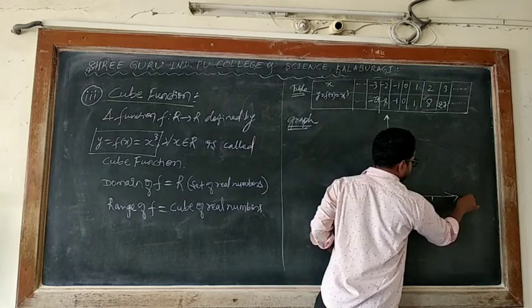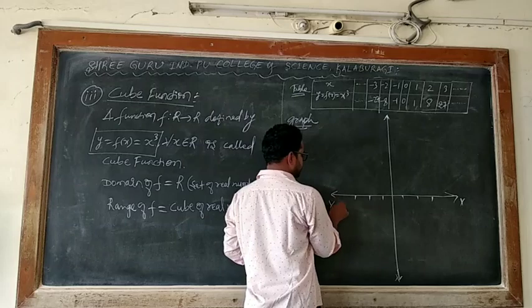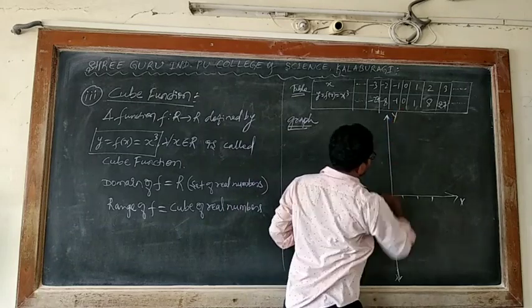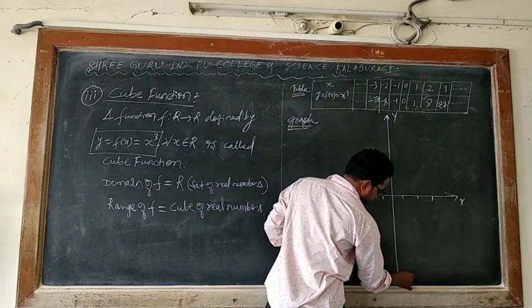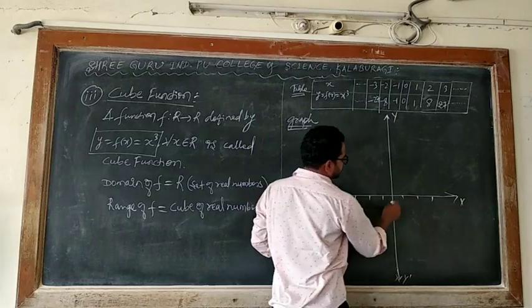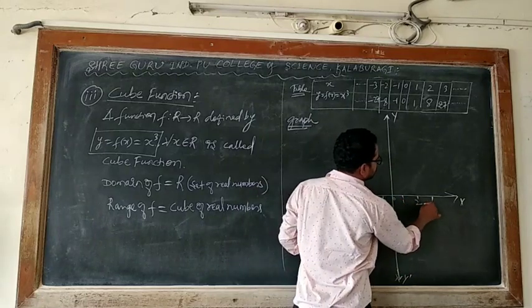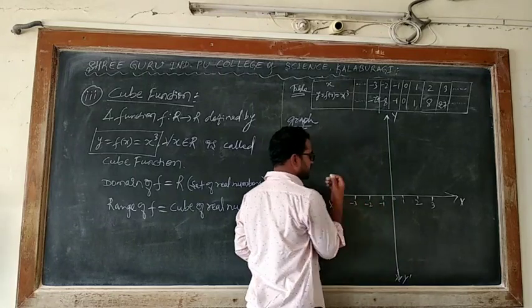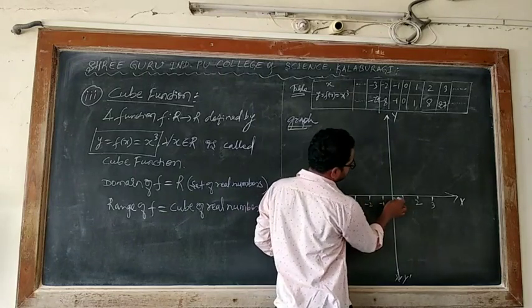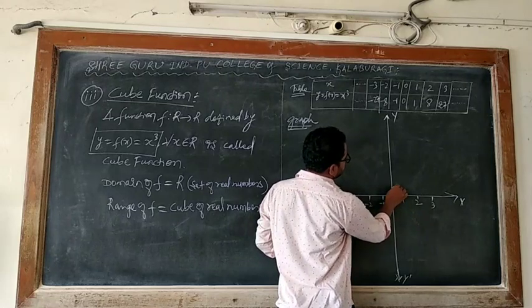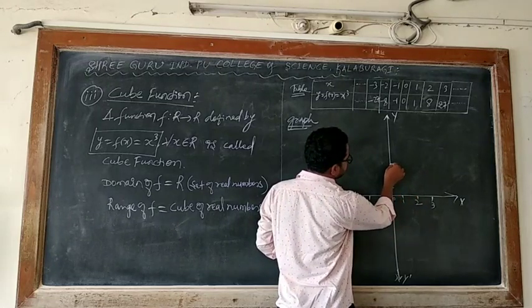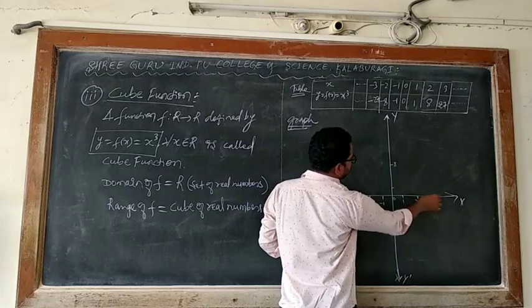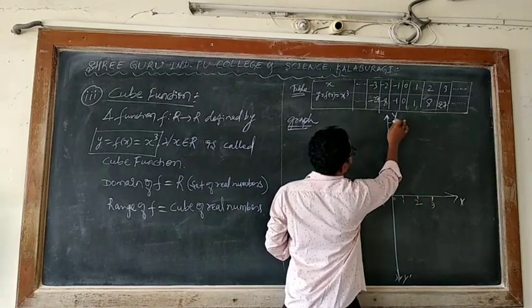Roughly I am taking; follow this, and you can draw it neatly later. On the y axis, 0, 1, 2, 3, minus 1, minus 2, minus 3. I will take 0, 0, then 1, 1 is here. 2 cube is 8. 3 cube is 27.